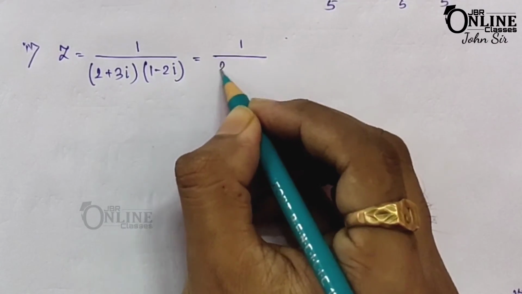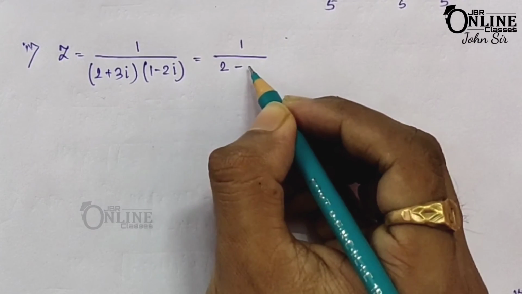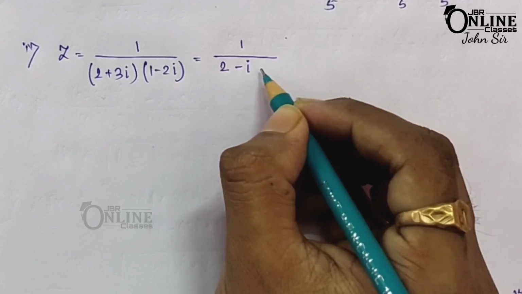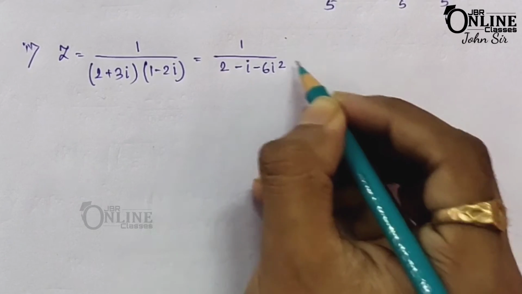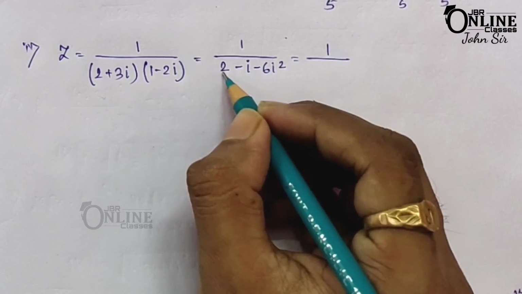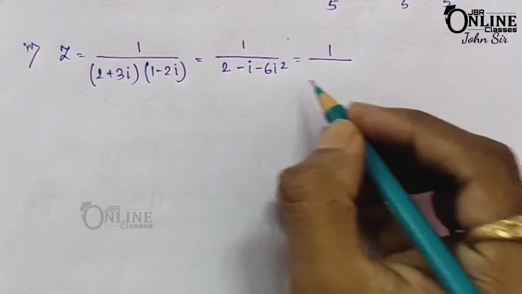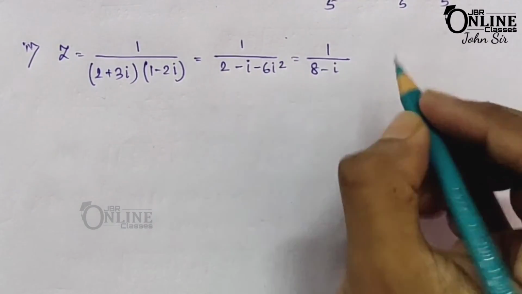So 2 into 1 becomes 2, then plus 3i, minus 4i, so it will be only minus i. And next, 3 into 2 minus 6i square. So now it will be 1 by, as here 2 and i square means minus 1, that means 6 plus 2, that equals 8. So 8 minus i. So 1 by 8 minus i.